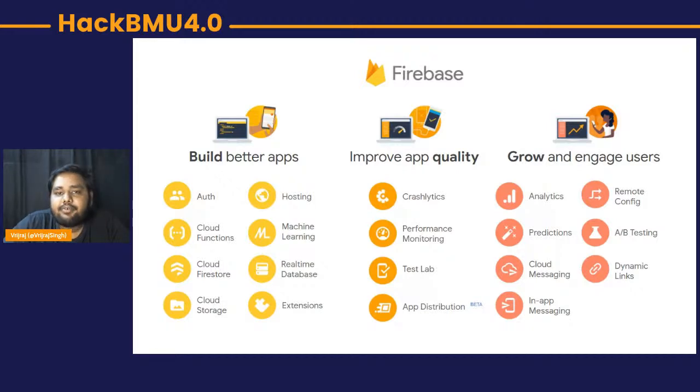Or if I want to use a database, Firebase also provides databases, like Cloud Firestore or the Realtime Database. Or if you're working on machine learning, you can go for machine learning tools or services. So we have a lot of things that you can use inside Firebase, and you can build your applications very fast.